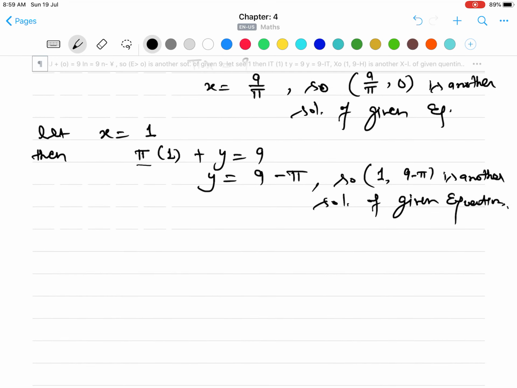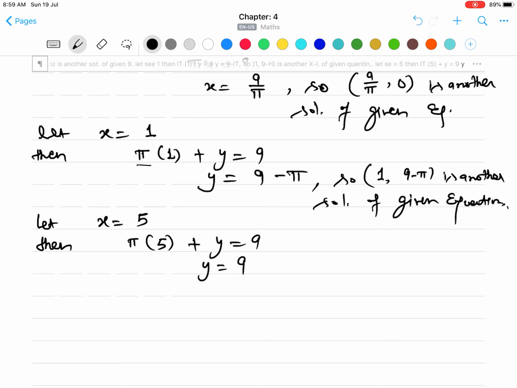Okay, so we got the two solutions. Let's find another one. Let's take x equals 5 now. You can choose any value for x, either x or y. Okay, I'm taking 5 now. So this will be pi into x, x is 5, plus y equals 9. So this will be 5 pi. So we have y here equals 9.